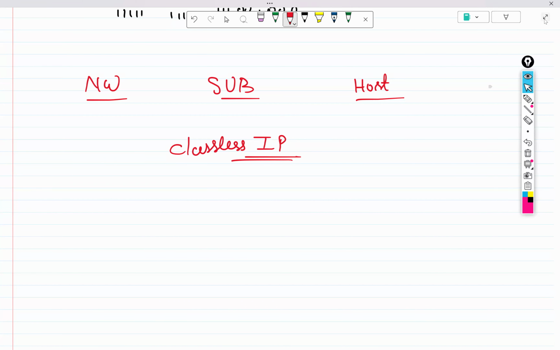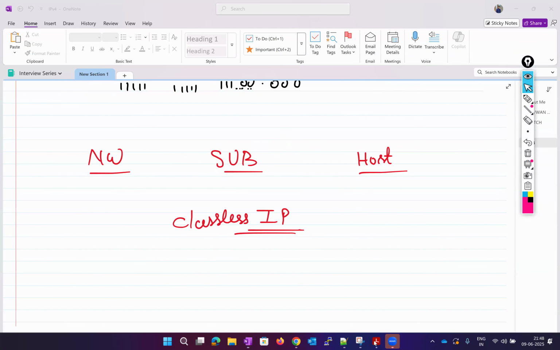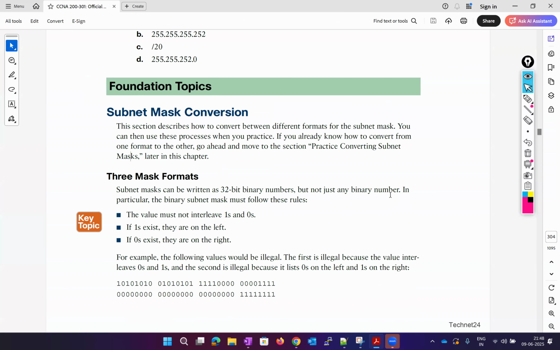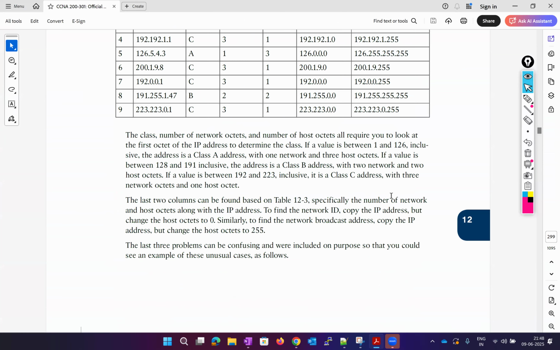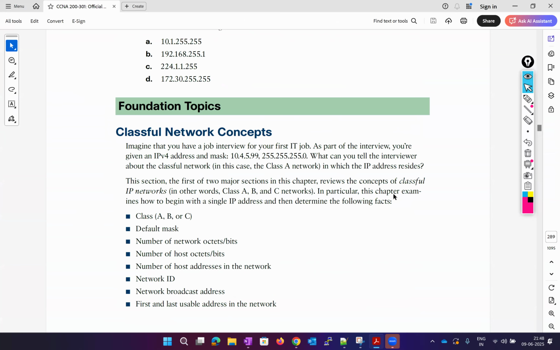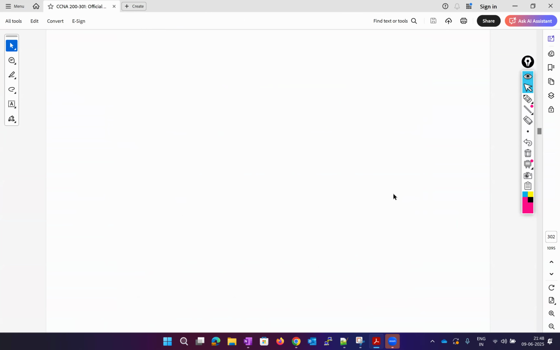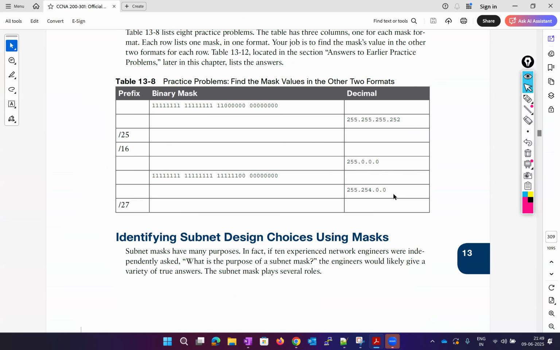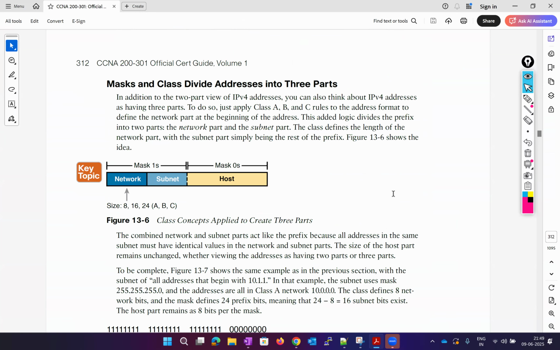Okay. To visually understand this, let's open the PDF over here. Okay.